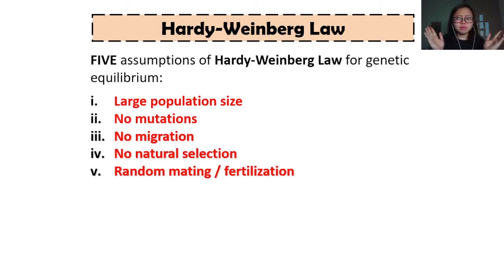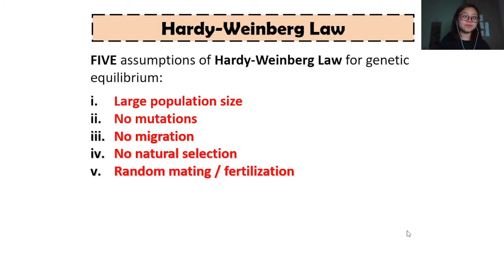Or sometimes the books will write, instead of no migration, it may write no gene flow from other populations. No natural selection means that there is no pressure that one phenotype will do better than another. And random mating means that all individuals in that population have equal chance to mate with each other.